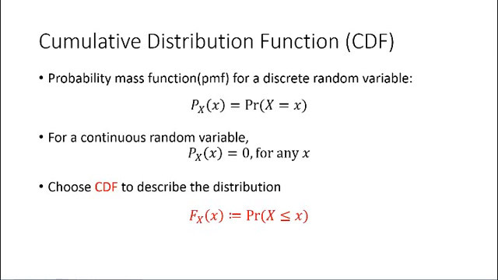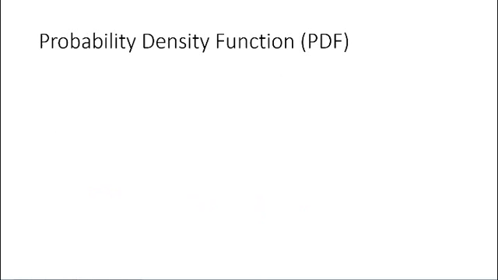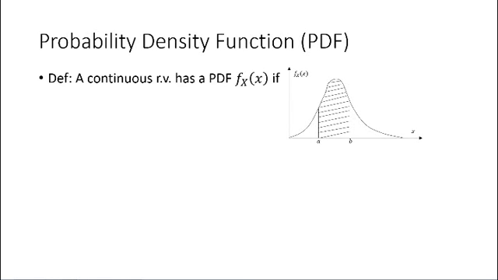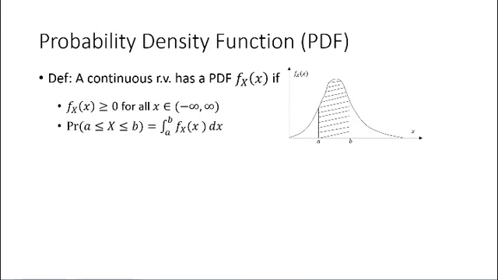But sometimes we want to see the probability that X lies close to a given number. Then we need probability density function, which is abbreviated as PDF. A continuous random variable has a probability density function f_X if f_X is non-negative for all possible x, and the probability that the random variable X lies between a and b equals the integral of f_X from a to b.